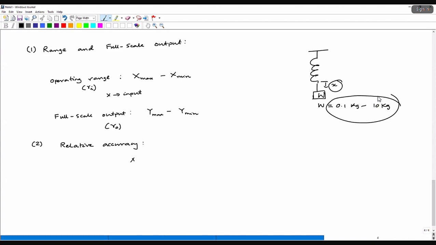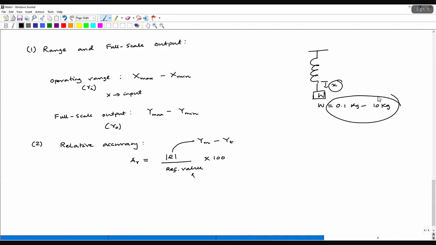So relative accuracy, A subscript R, is defined as the modulus of E divided by a reference value into 100, and this E is basically Y measured minus Y true.